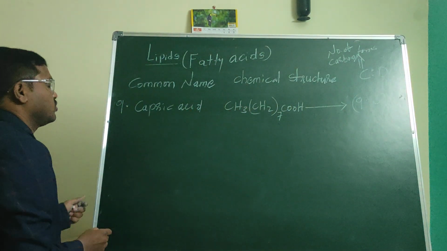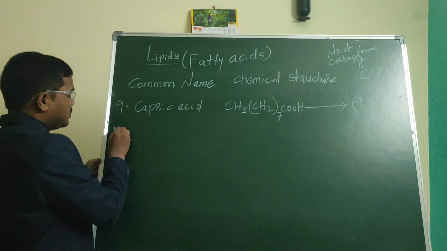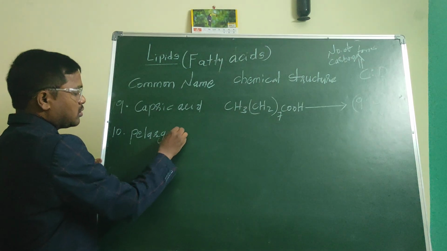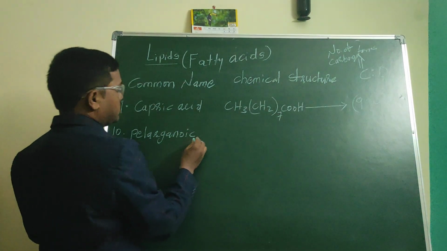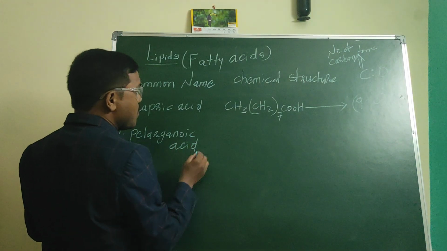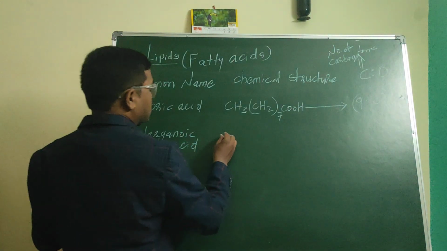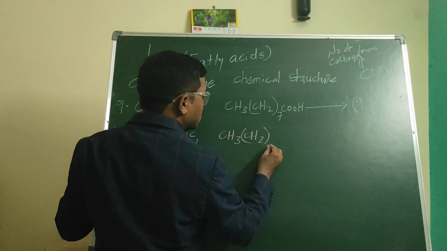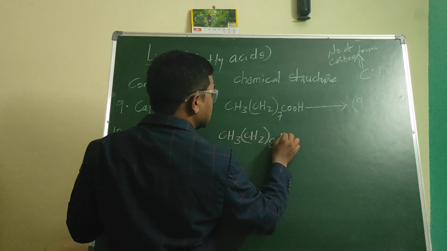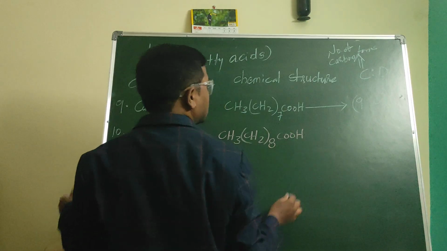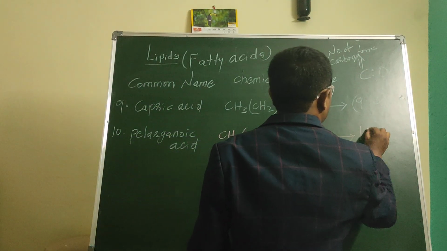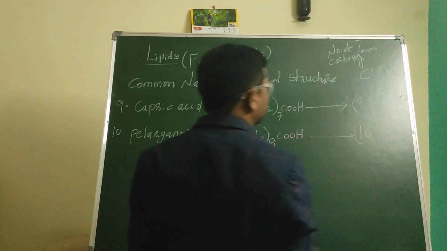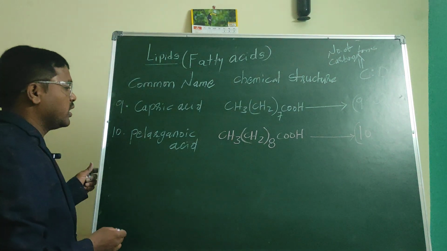Next, pelargonic acid, CH3(CH2)8COOH. Number of carbon atoms is 10. Number of double bonds is 0.